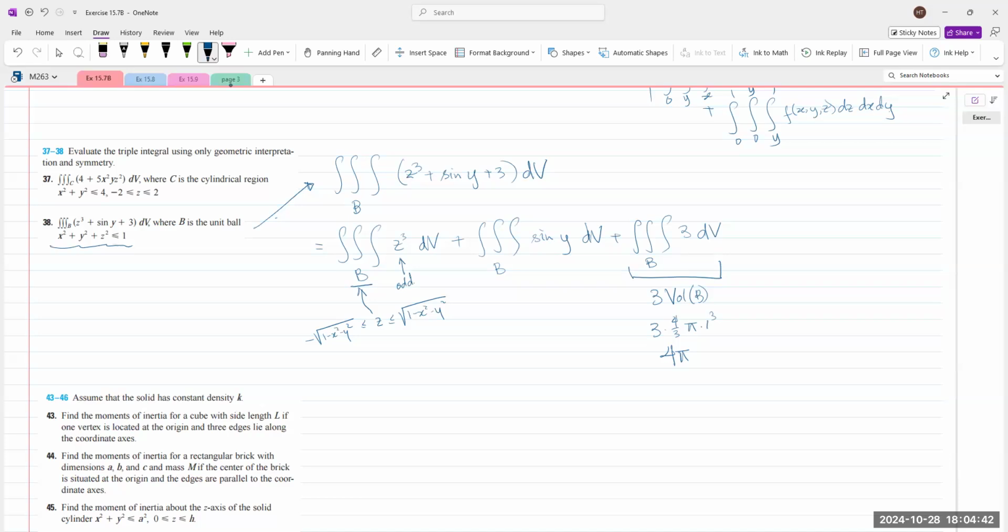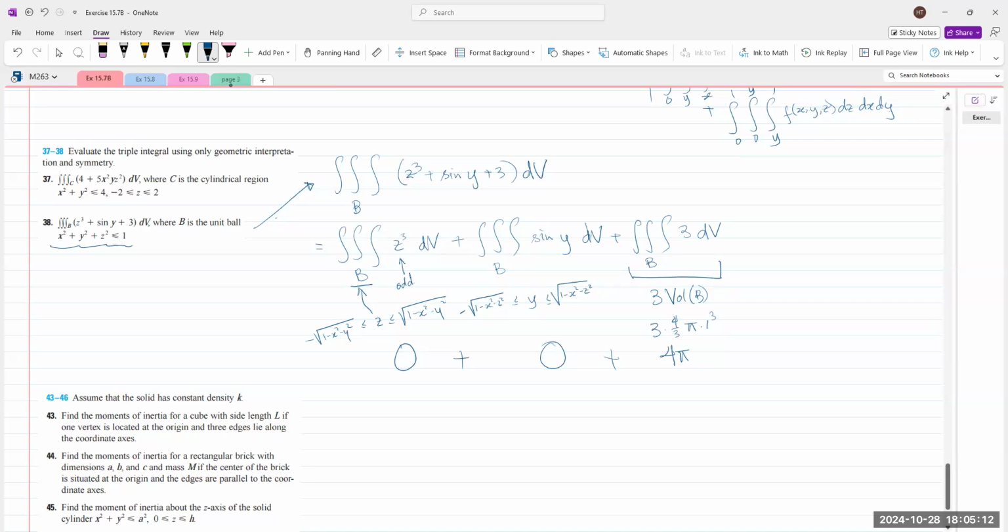Okay, that will give us 0 here. Now likewise, the sine part of y, the y will be between negative and positive square root of 1 minus x squared minus z squared, right? From the negative to the positive. And you will get, because sine is an odd function, that will be 0 also.